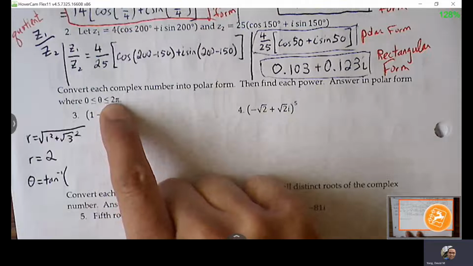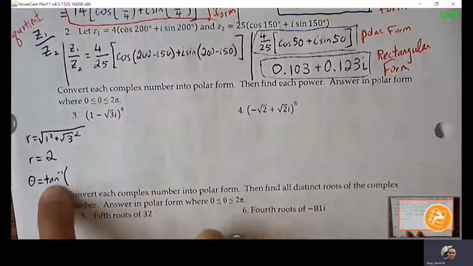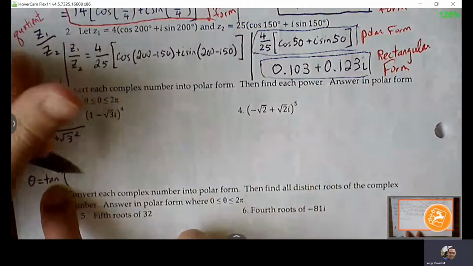So everything is in terms of radians, but I would suggest when you find your inverse tangent, leave it in degrees so that you can get that theta measure, interpret it easily, and then you can work your way back to radians.